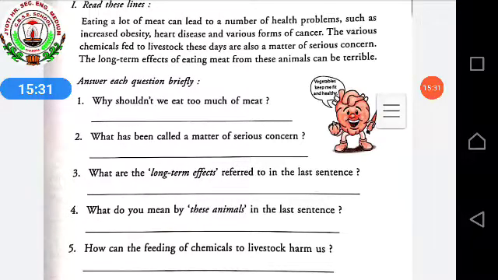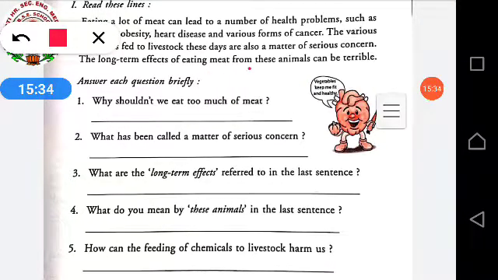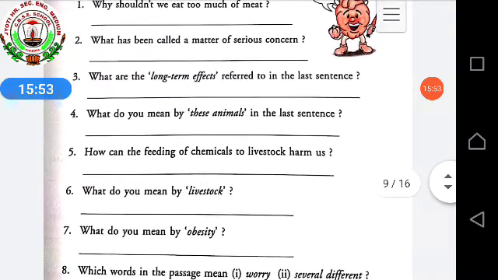These animals means which animals? The livestock whom the owners are feeding with chemical products. In such a way, you solve out the rest.